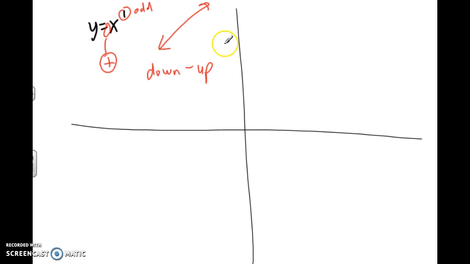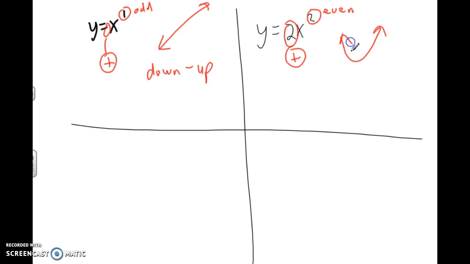If the graph is something like y equals 2x squared, for example, this is a positive number, so this is positive, and this is even. When it's positive and even, the graph is going to be up, up.